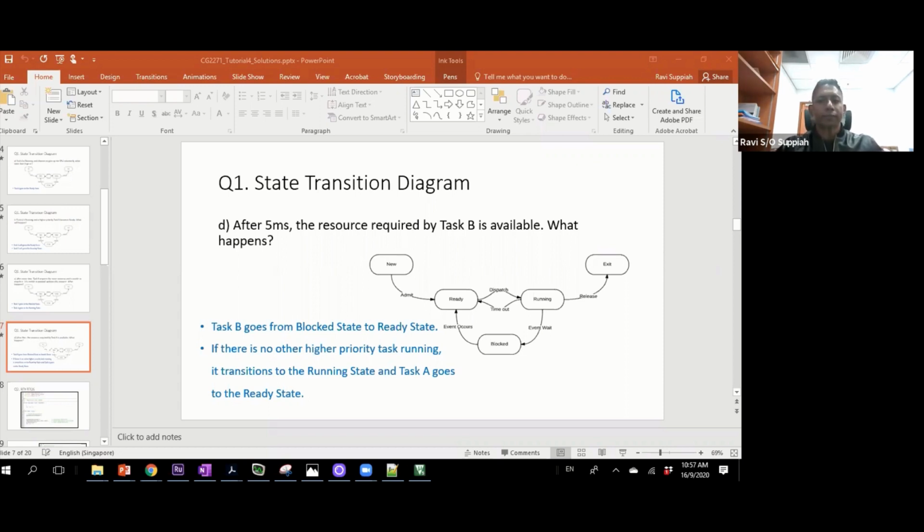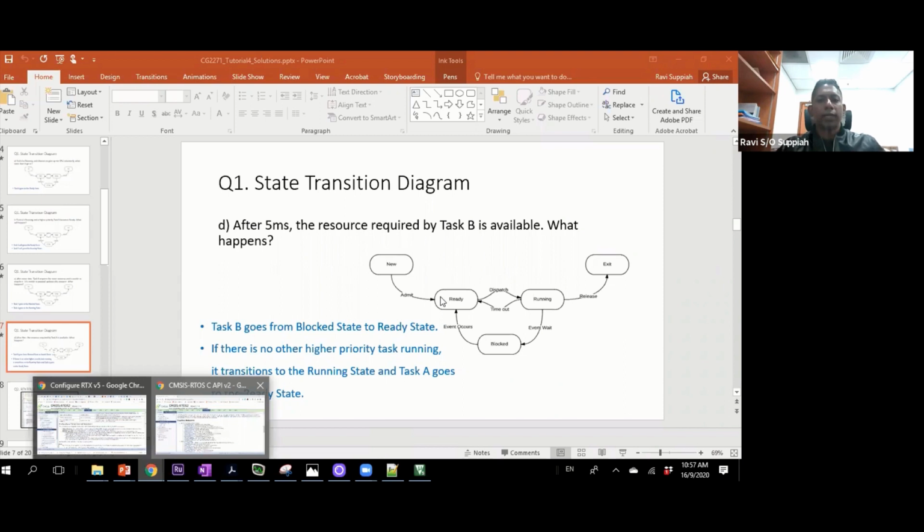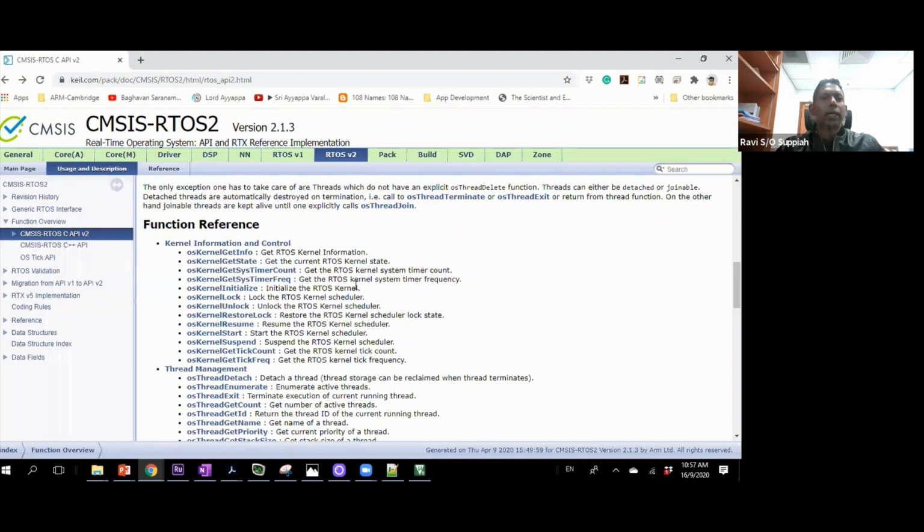For the rest of the questions, we will discuss during the next lecture. But I want to point you to the link that I just sent over in the chat group. I'll send an announcement as well. This link is the online documentation for the RTOS that we are using.